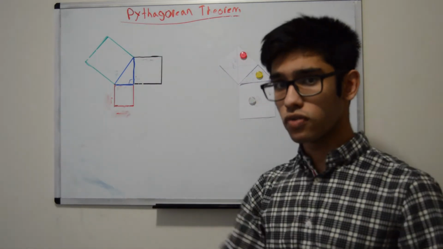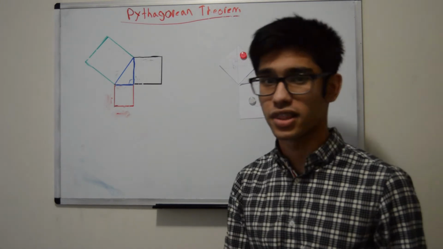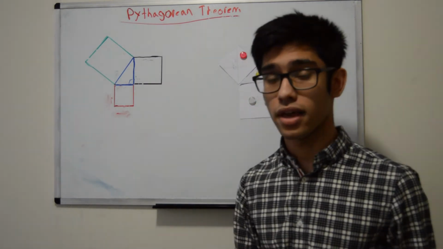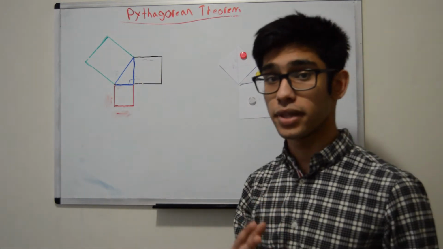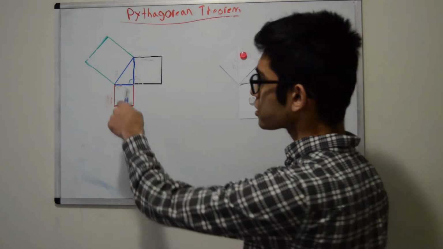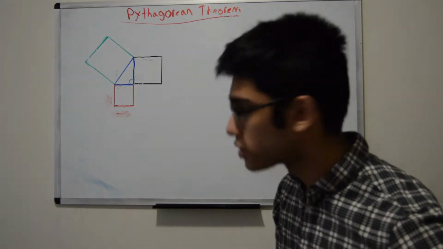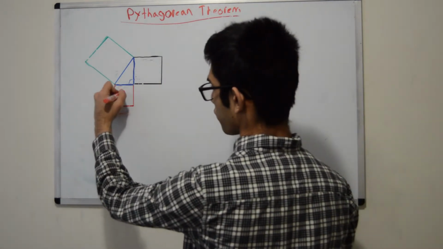So before we go too far ahead, us mathematicians like to label things. We just like to label things with letters. And why we label things with letters is because we want these rules that we find to be applicable to any right-angled triangle, right? So let's call this small side here, the smaller side of the triangle, let's call that A, alright?